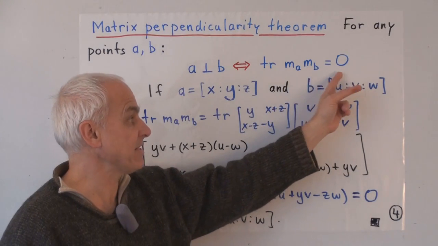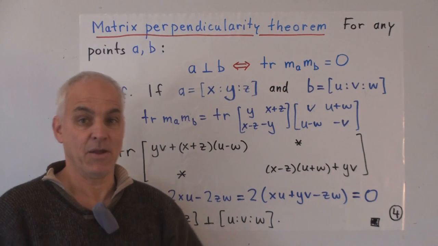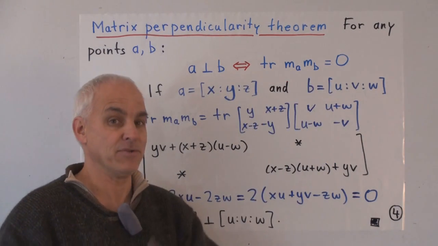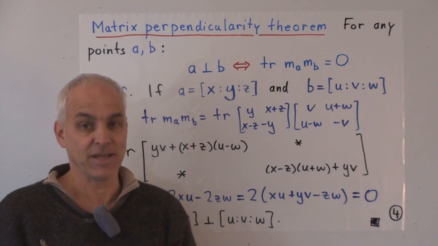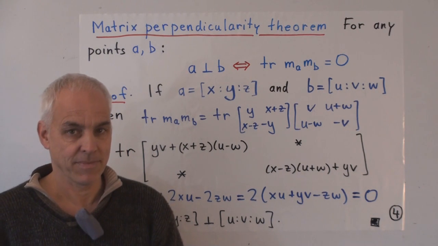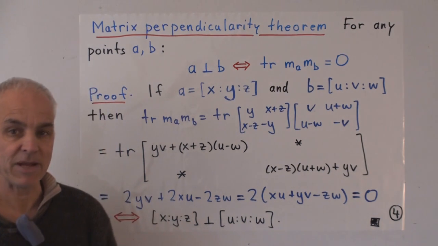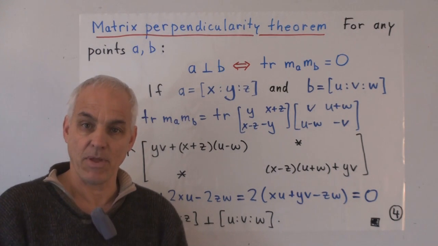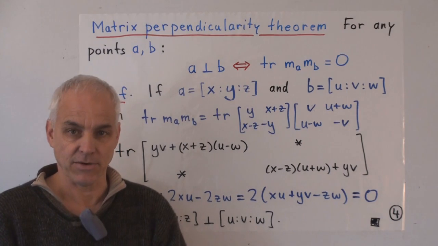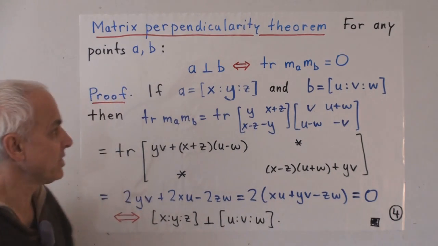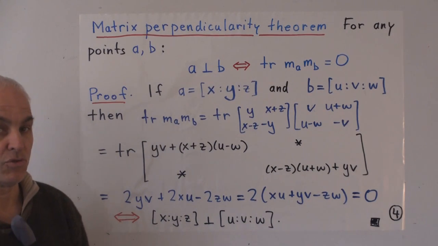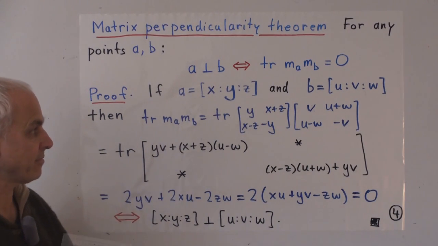In other words, if the trace is 0 and you scale the 2 matrices, well, then the trace is still 0. And if the trace is non-zero and you scale the matrices, the trace is still non-zero. So when we're working with projective matrices, we can't really talk about the trace, but we can talk about whether the trace is 0 or non-zero. That's what we're doing here. We're saying that if the trace is 0, then the 2 points are perpendicular, and conversely.